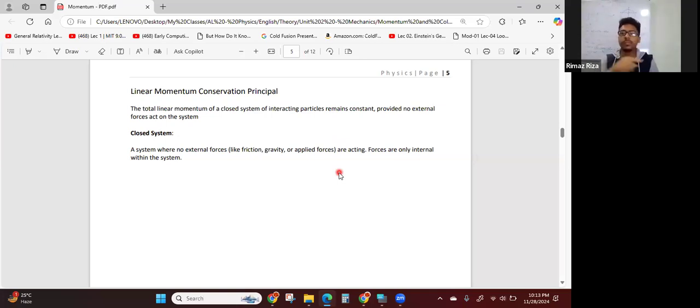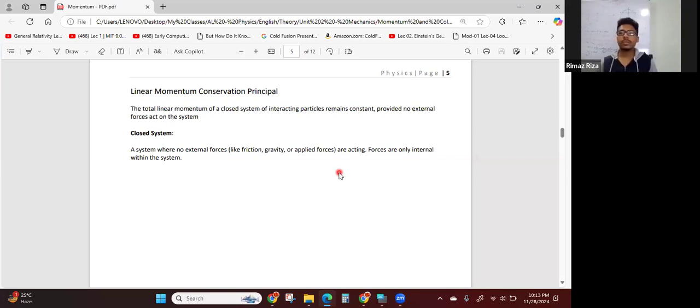But if you take both blocks as a system, then it is a closed system only in the horizontal direction, but not in the vertical direction, because the gravitational attraction will be there downward. If it's on a surface, then the normal reaction force is also there, right?